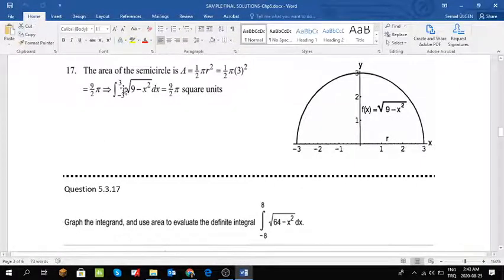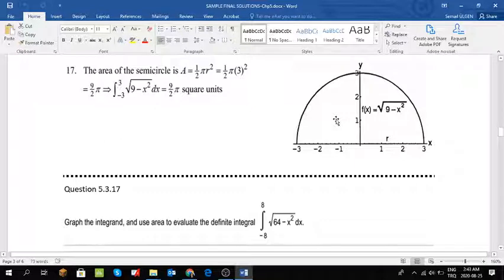So we are asked to find this integral, but we are going to find it using the area. First of all, you see that this is a semicircle, right? Since this is a circle and it's the area underneath the curve, it's the semicircle.